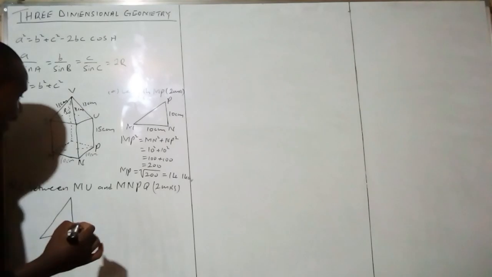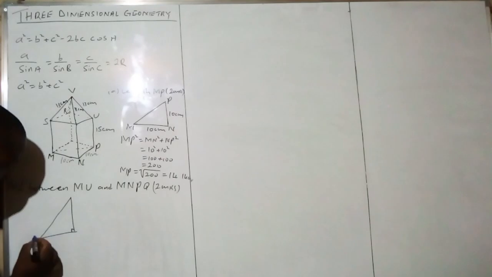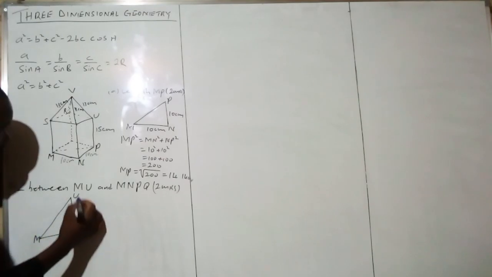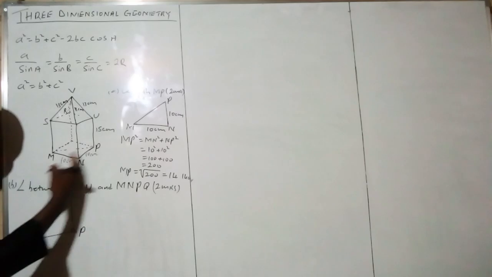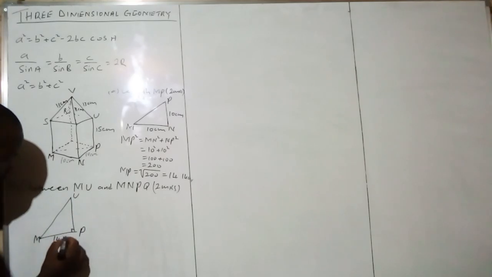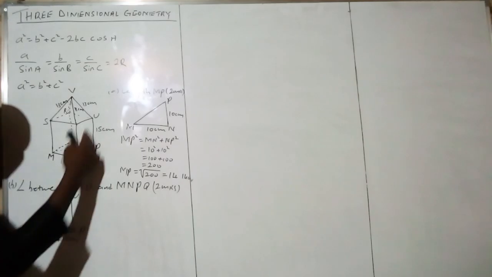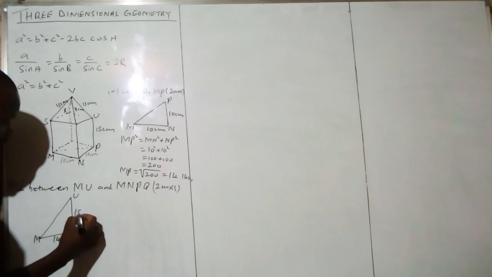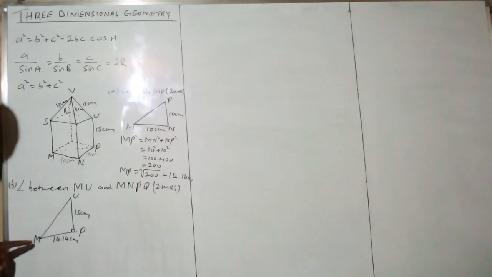MU, this is our M, we have our U there, then P. MP we have calculated, it's 14.14 centimeters. UP is 15 centimeters. We can calculate directly the length of MU.